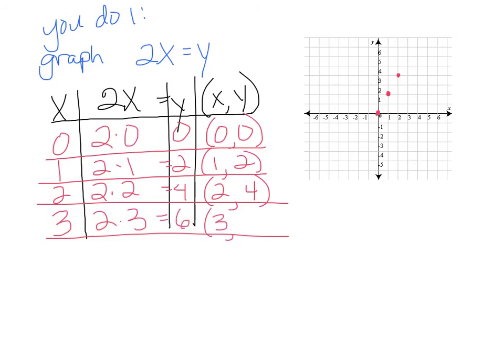So when x is 3, y is 6. 3 on the x, 6 on the y, right there. So your graph should have looked like that. So if you were asked to graph the linear equation 2x equals y, that is what the line would look like.